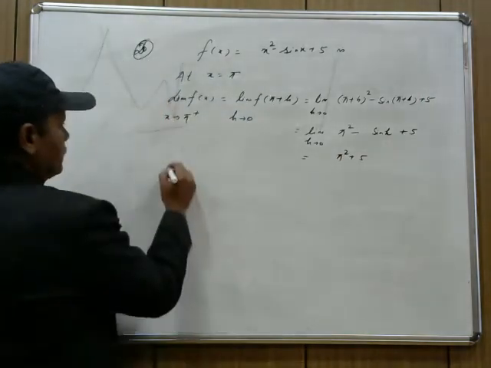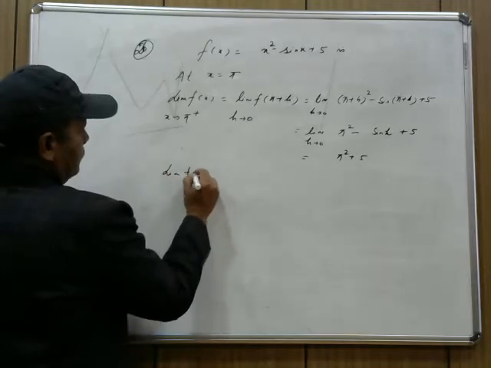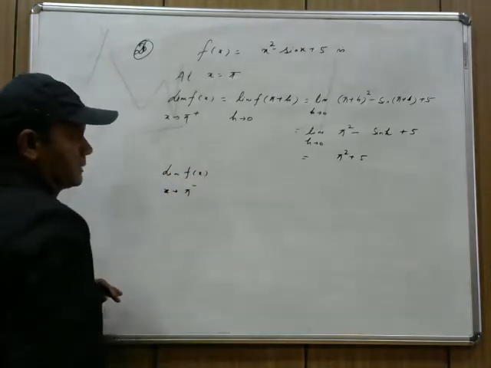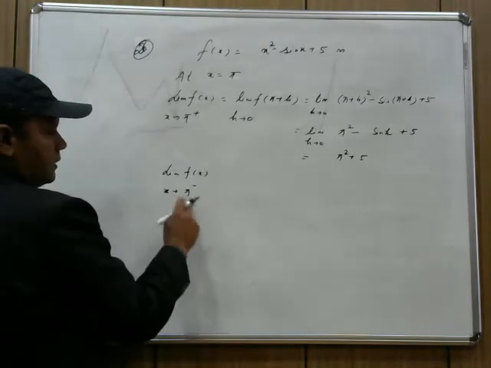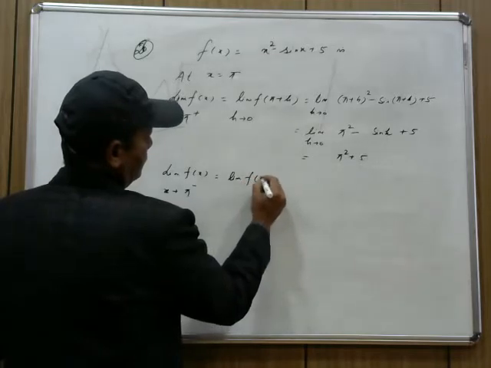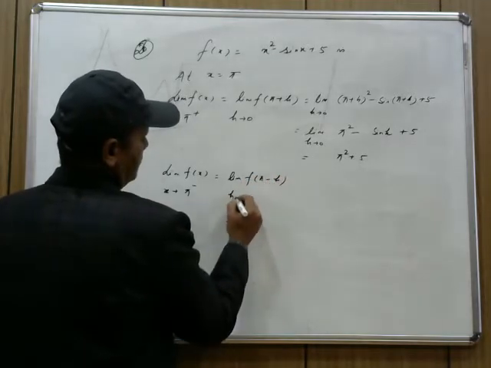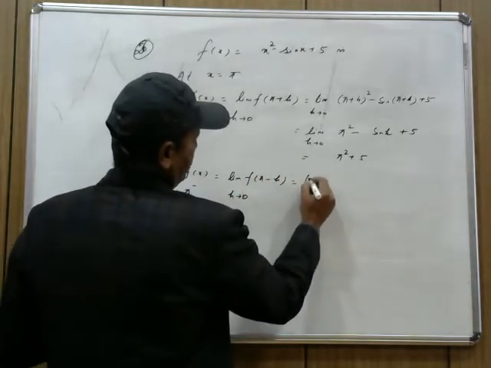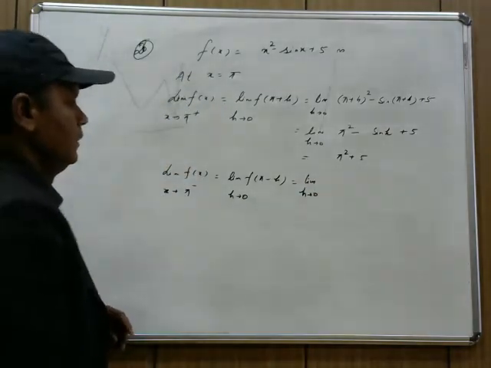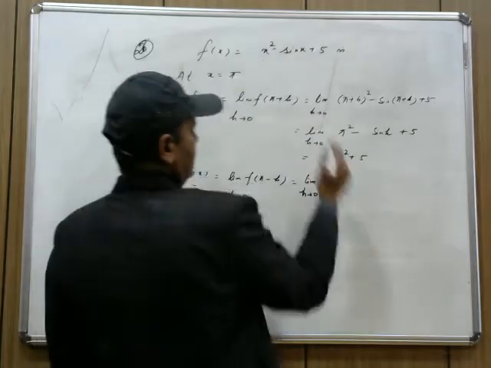Right? Now limit f of x as x tends to pi minus, the LHL, is equal to limit f of pi minus h, as h tends to 0. f of pi minus h, what will I get?